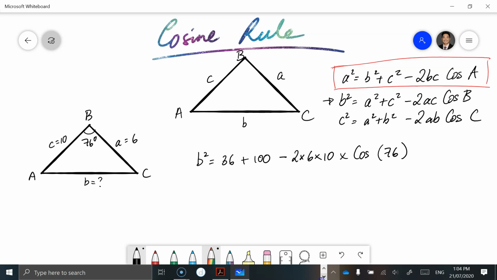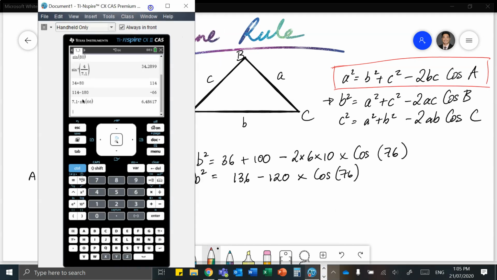Let's simplify this. We've got 136, 6 times 10 is 60, times 2 is 120, times cosine of 76. Now, it's important that you don't just go, well, 136 minus 120 is going to be 16, because you need to understand that 120 is multiplied to cosine of 76.